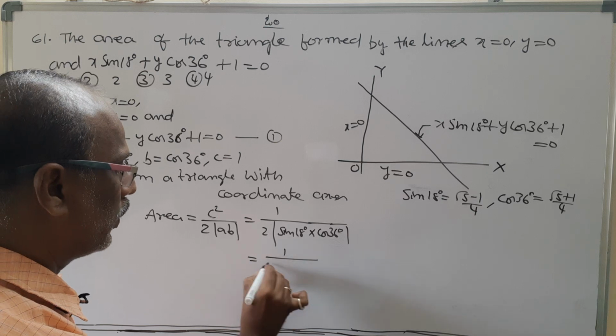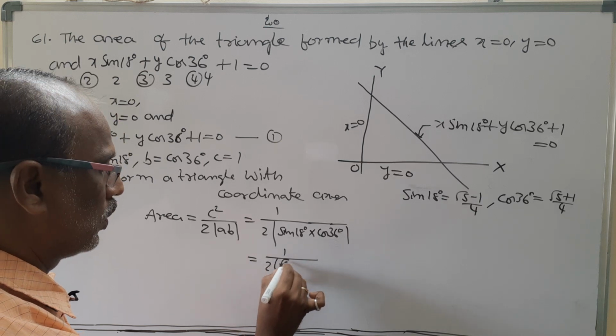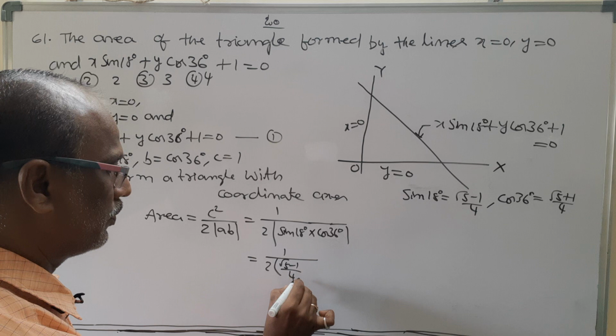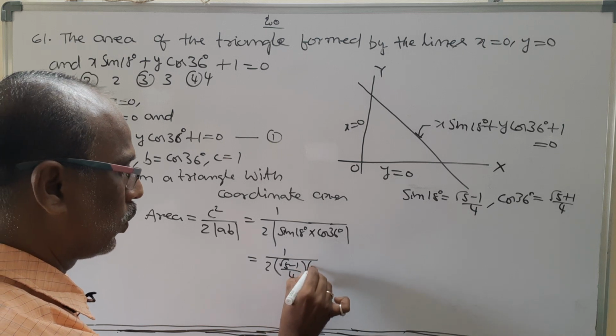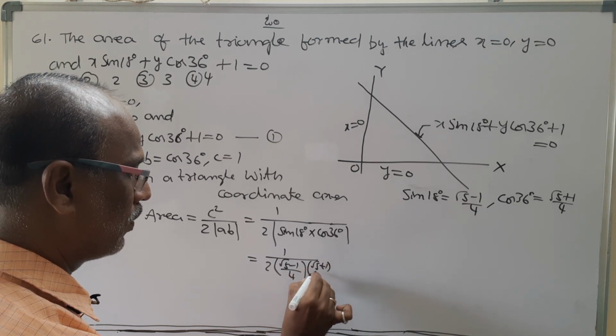1 by 2 into root 5 minus 1 by 4, into root 5 plus 1 by 4.